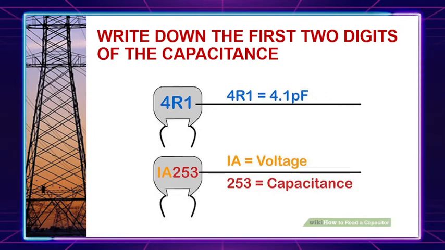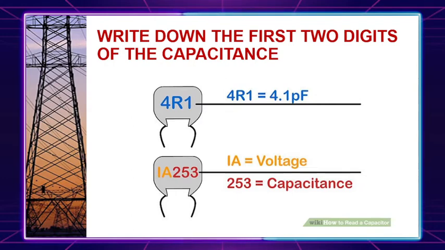For example, 4R1 means a capacitance of 4.1 pF. I repeat, based on the example, we have 4R1, so we have the letter R, and you have to replace it with a decimal.